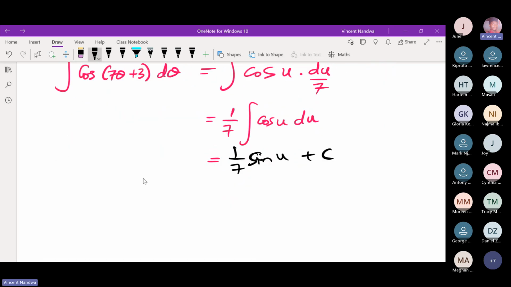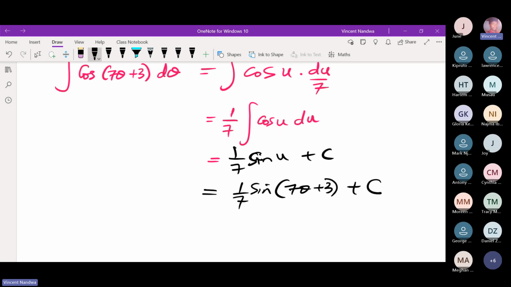So you replace with the actual value of u, it will be 1 over 7 sine of 7 theta plus 3, then plus c. So recall that integral of cos function is sine function. Integral of sine function is what gives you the negative cos.